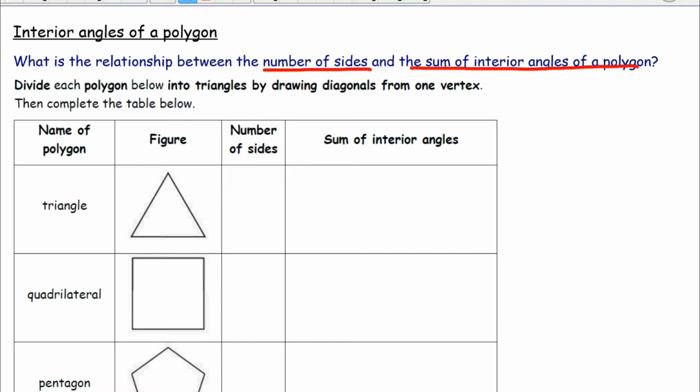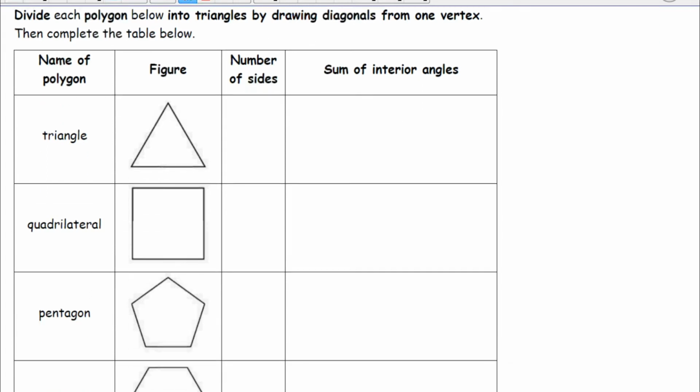We know that, of course, let me start with the number of sides. Probably that's the easiest column to fill in. So for a triangle, we have 3 sides. Then we have a quadrilateral, 4 sides.